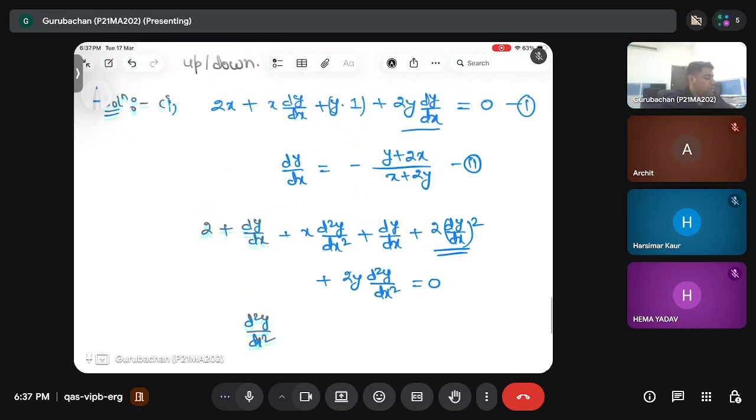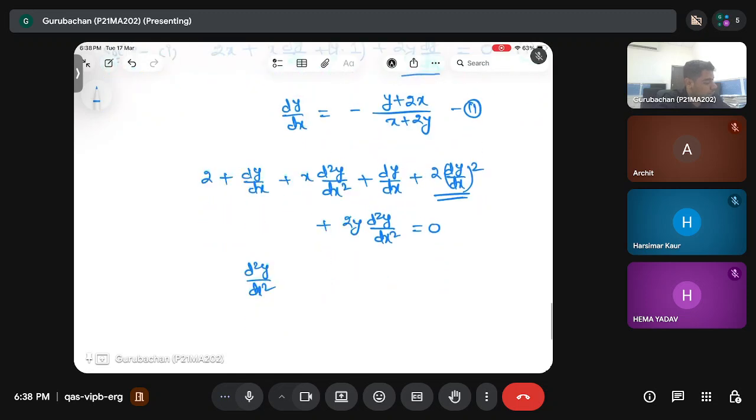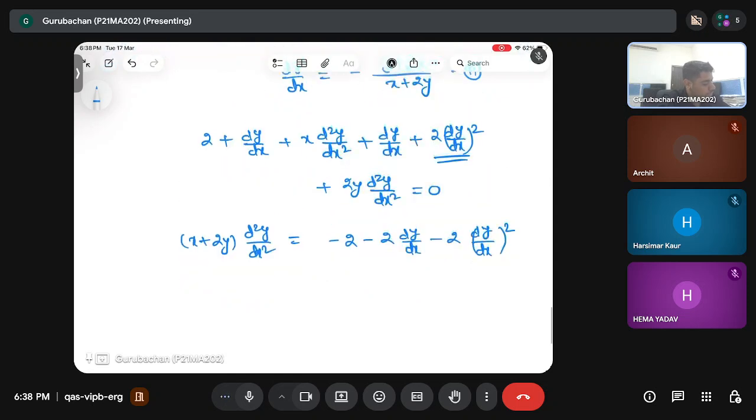Okay. So from here d2y by dx square will be x plus 2y, which will be minus 2 minus 2 times dy by dx and minus 2 times dy by dx square. When you substitute this value, you need to solve a little.